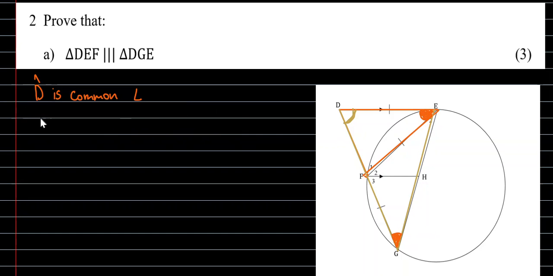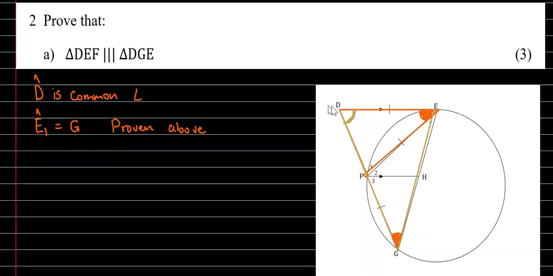So just come here and say angle E1 is equal to angle G. Okay, so you just say it was proven above.